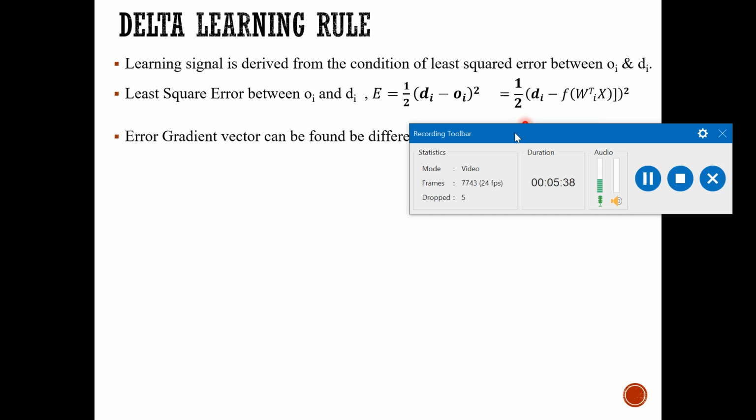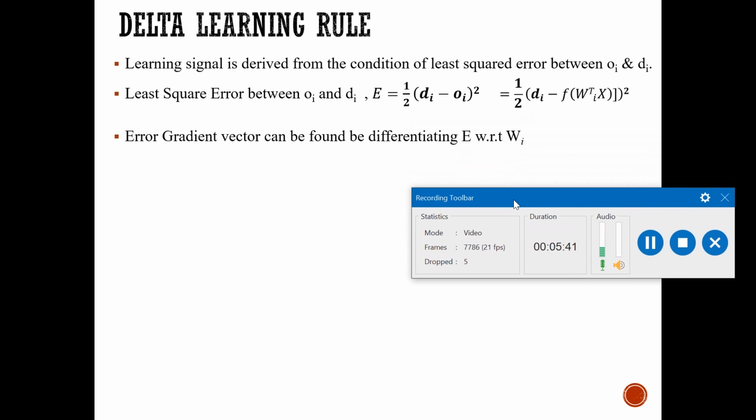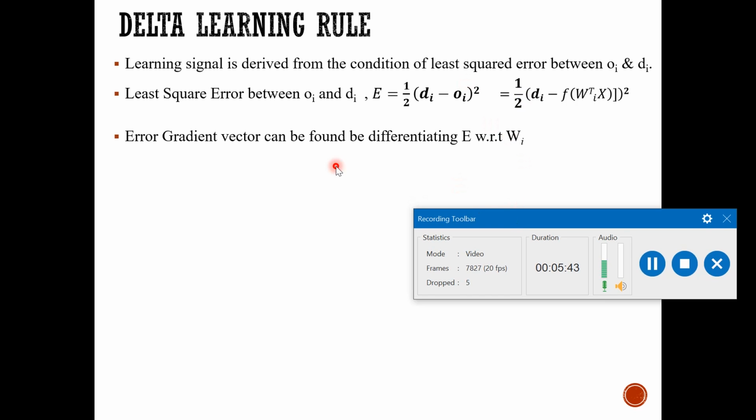Then the error gradient vector can be found by differentiating this error function with respect to wi. So with respect to the weight, you have to differentiate the error function. When you differentiate it, you will get del E, which is nothing but dE upon dwi, the derivative of E with respect to wi.